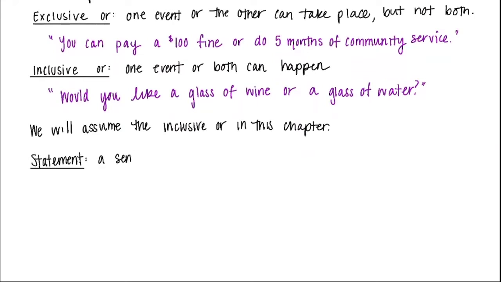So this is a sentence that can be judged true or false. Okay. So you say something, it could be true, it could be false. You might not know at that exact moment, but that's okay. One of those is possible. It's not going to be subjective.